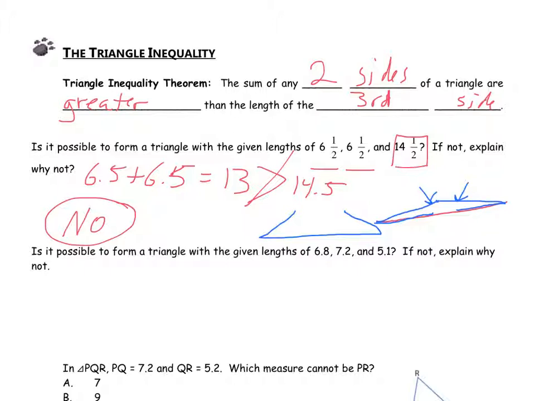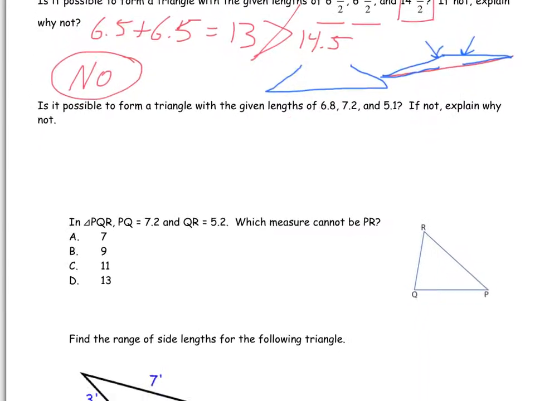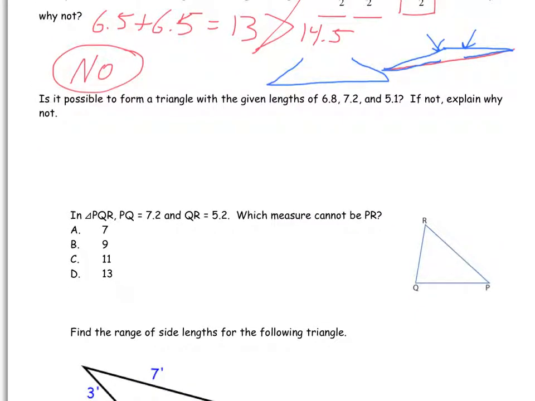So now let's look at this next one with the decimals. Is it possible to form a triangle with these lengths? Now think about this: 6.8 plus 7.2. Do I really have to add those up to know if they're greater than 5.1? This alone is greater than 5.1, so I don't have to do that.